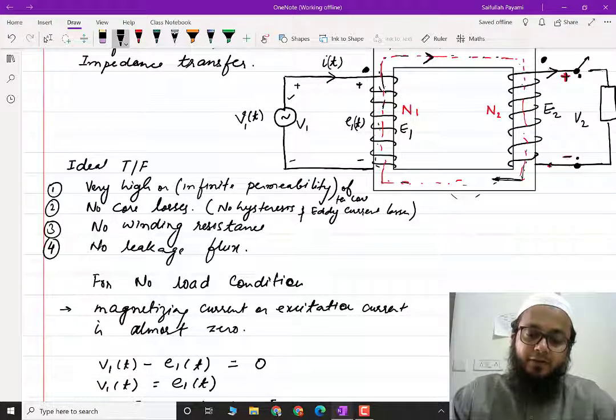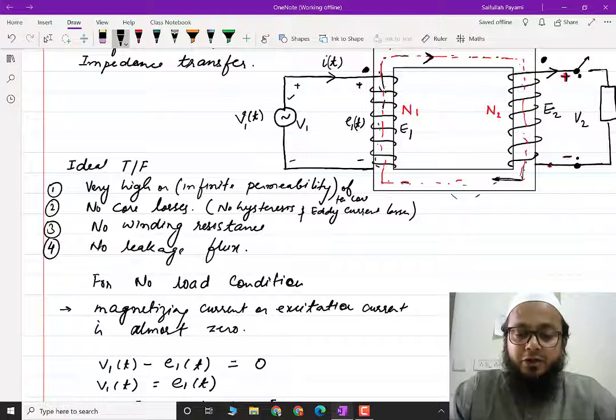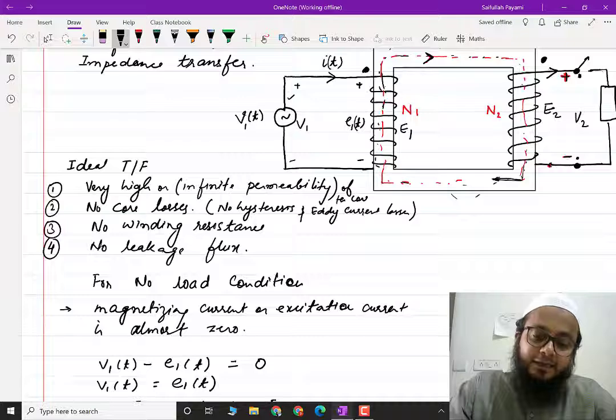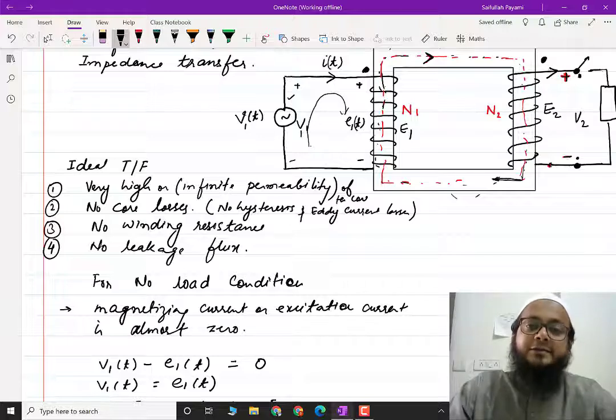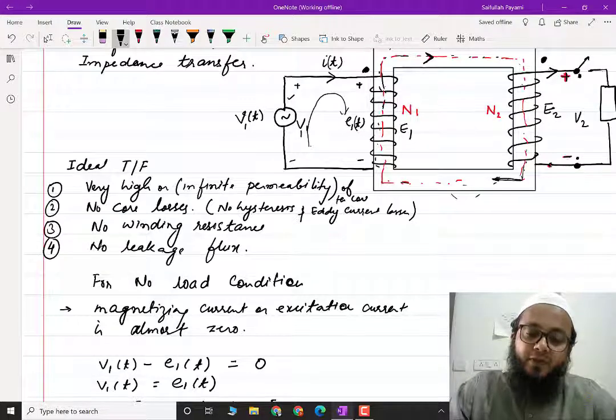If the polarities have been marked, and you apply the KVL here, what you can see is that V1, a rise in the voltage in this primary circuit, would be equal to E1t, right? That's the voltage drop in this winding.